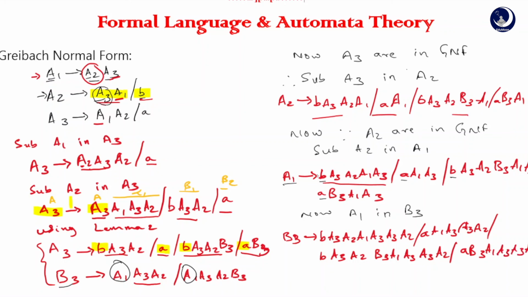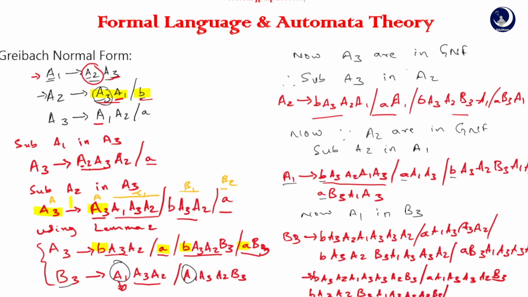So this is the first part; we substitute all the A1 productions in this part of the equation and also here. So again this will continue like B A3 A2 A1 A3 A3 A2 B3, or A A1 A3 A3 A2 B3, and finally B A3 A2 B3 A1 A3 A3 A2 B3.